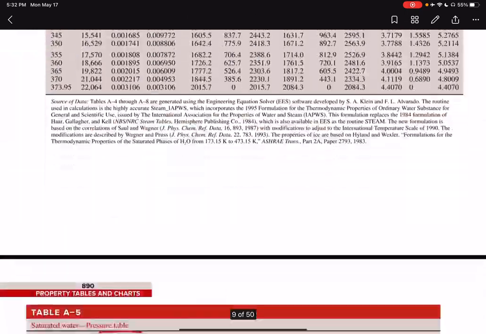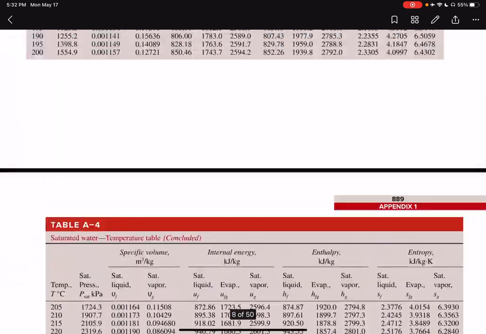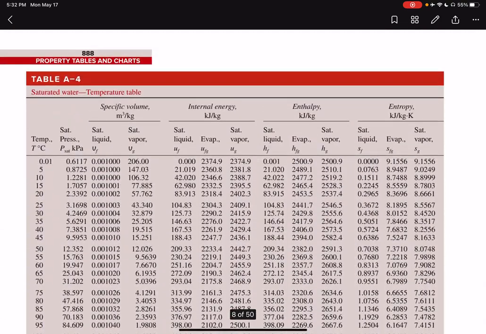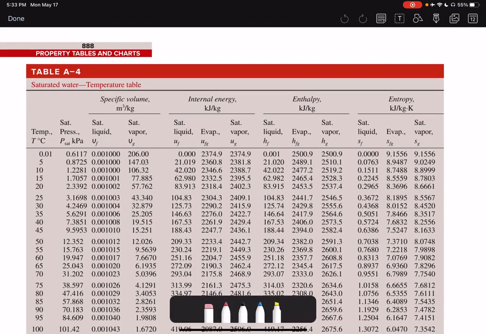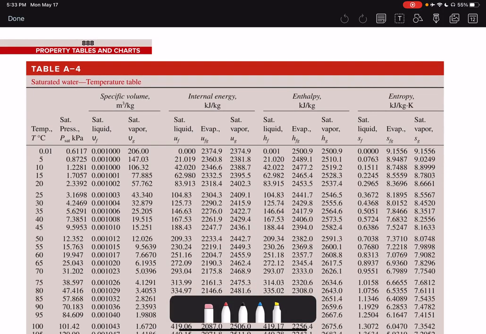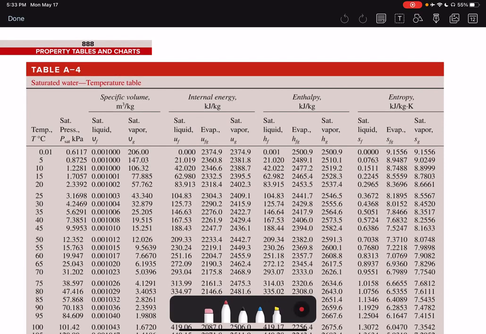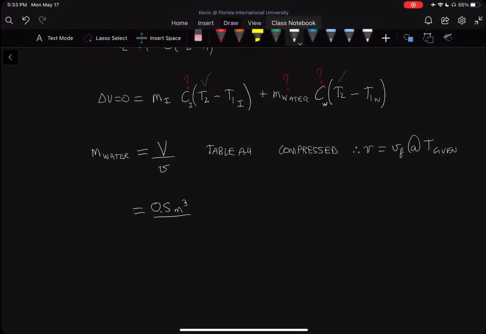We go to table A4, and we can go to 25 degrees Celsius and find our vf. And our vf is 0.001003. So we can plug that back in.